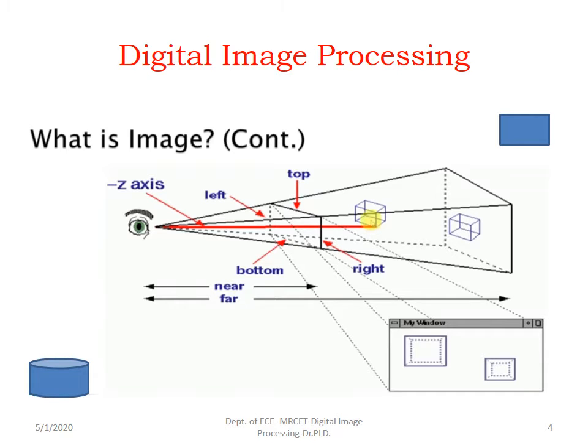If you want to observe the same thing in the machine, that is digital images, digital computers perceive it as a two-dimensional view. That's the reason the basic definition of digital image processing depends on the machine's perception of vision. This shows the difference between human vision and machine vision of objects.